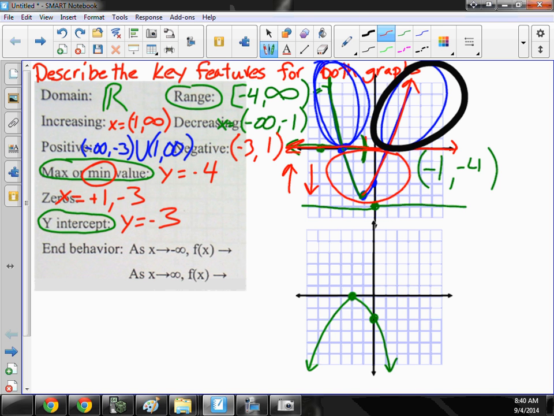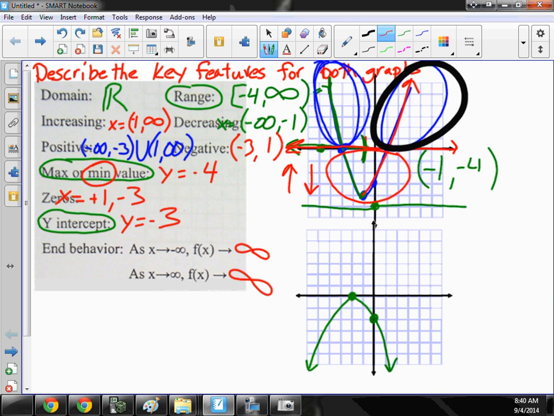So f of x approaches infinity. As x approaches infinity, which is to the right, f of x approaches infinity. On a quadratic, is it possible to have one go to infinity and one go to negative infinity? No, they're either both positive infinity or both negative infinity.